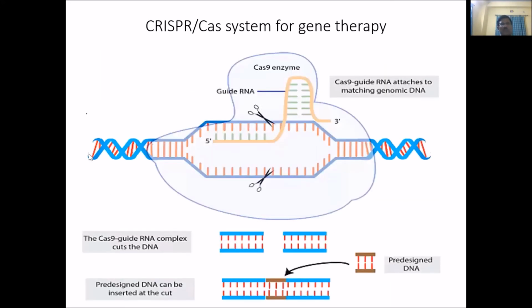This is the CRISPR specific enzyme, for example the Cas9 enzyme, and when it is guided by a particular guide RNA into the target area of a particular mRNA, it will precisely cleave the target mRNA.